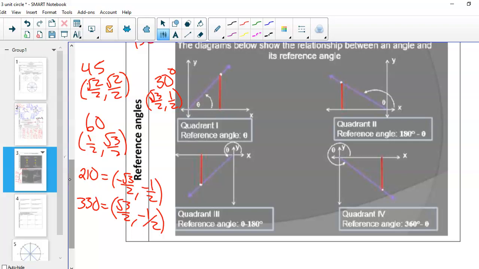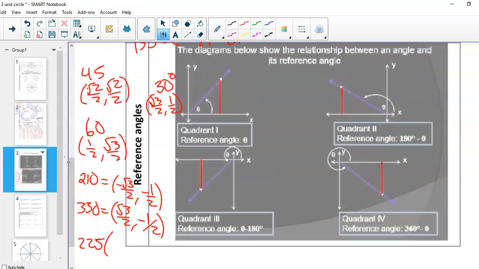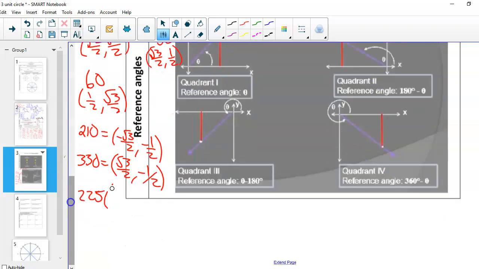So that's in the third. What's positive in the third? Tangent. So that means both of these values are going to be negative. So this would be negative root 2 over 2, negative root 2 over 2.